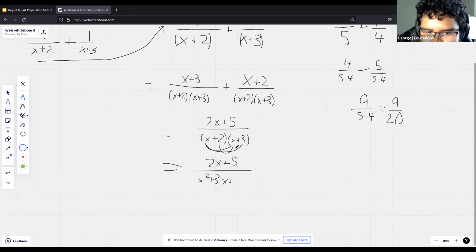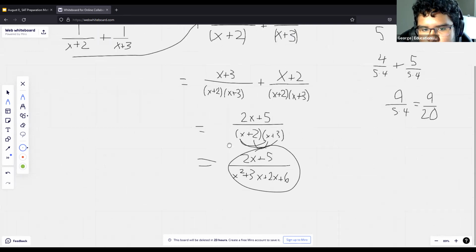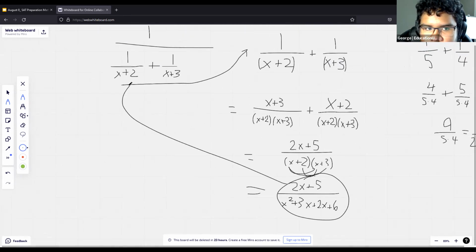So next, after we did the x times 3, we do 2 times x. That's another term in the result here. And then the last term is just 2 times 3, which is 6. So this is the final result of what's at the bottom of this equation.